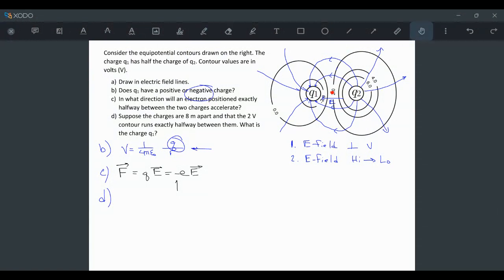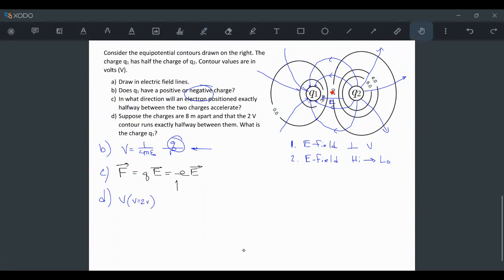So the really nice thing about potentials, like I said before, is that they're just scalar quantities, and when you have scalar quantities, they just add. So kind of the potential, let's just call it at wherever V is equal to 2 volts, that's kind of circular, but let's ignore it.